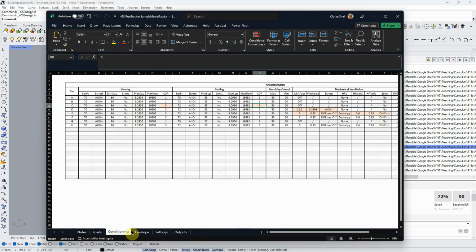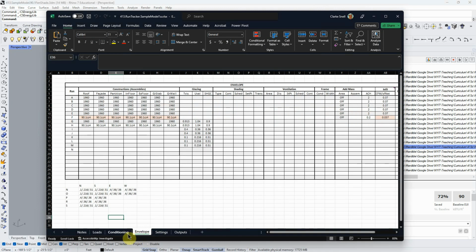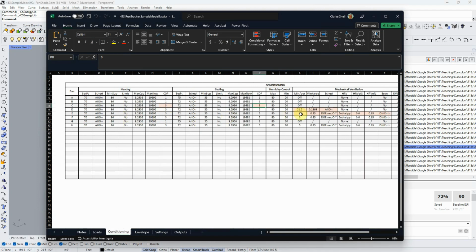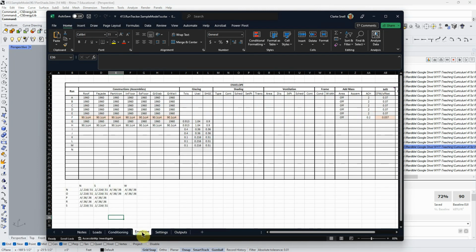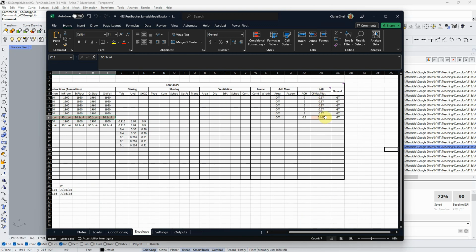We're in F. All I changed here was the envelope and the air infiltration. I'm sorry, these numbers are wrong, by the way. I was actually going to delete these.